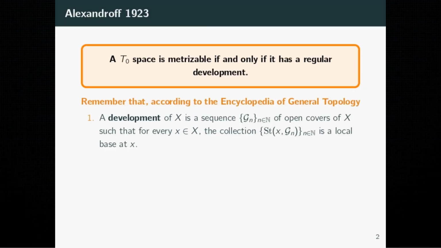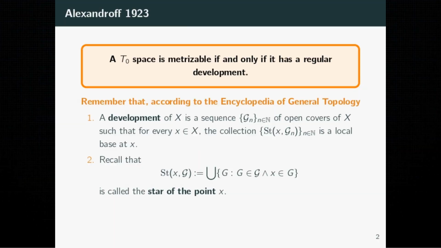A development of a space is a sequence of open covers such that for every point of the space, the collection of stars of the point is a local base at X. So you need to recall also that the star of a point is defined as the union of all the sets in that collection such that the point X is in that set. So if X has a development, it's called a developable space.